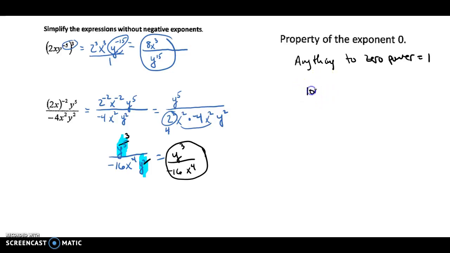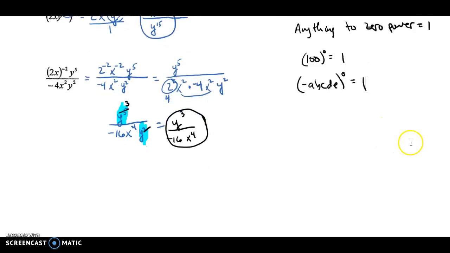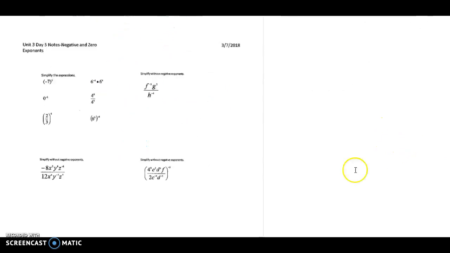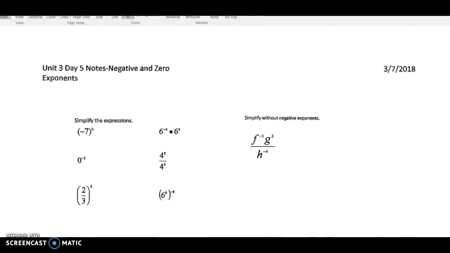If I said what is 100 to the 0 power, what would it be? Answer is 1. What is negative A, B, C, D, E, all to the 0 power? It is going to be 1. No matter what it is, anything to the 0 power is 1. Okay?